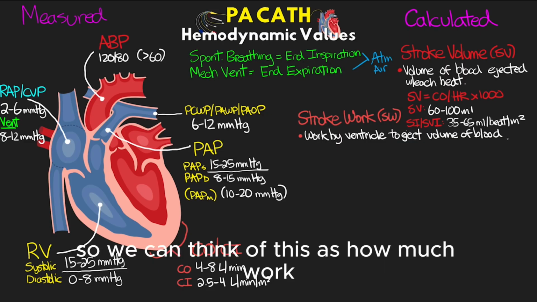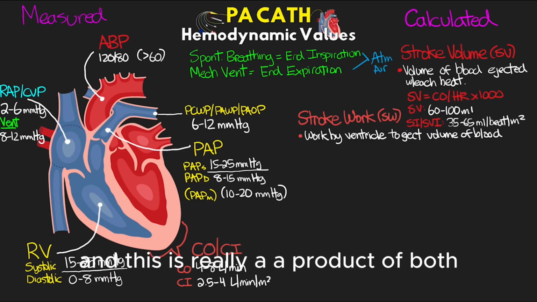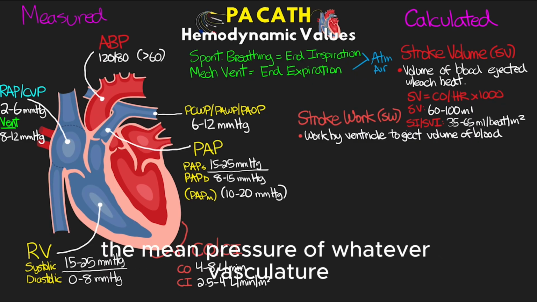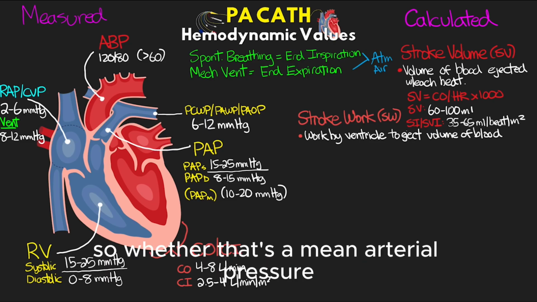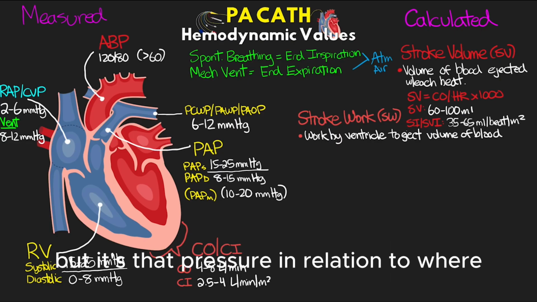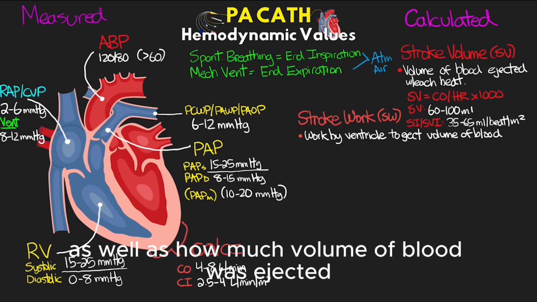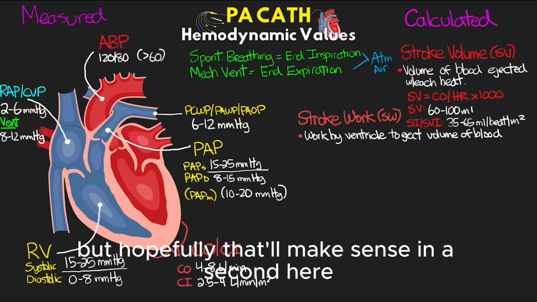So we can think of this as how much work the heart is able to do to move fluid along, and this is really a product of both the mean pressure of whatever vasculature that heart is ejecting into, so whether that's a mean arterial pressure or a mean pulmonary artery pressure, but it's that pressure in relation to where our starting preload pressure began, as well as how much volume of blood was ejected. So that might be a little confusing, but hopefully that'll make sense in a second here.